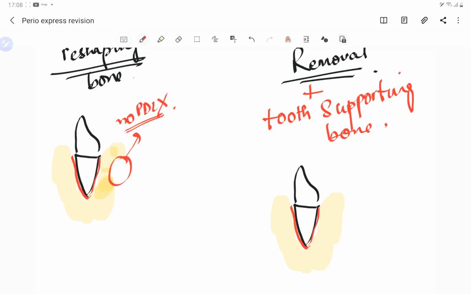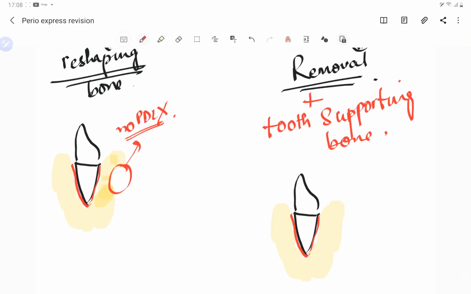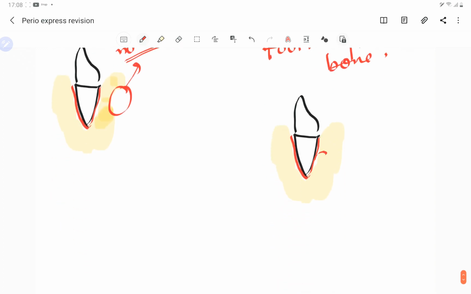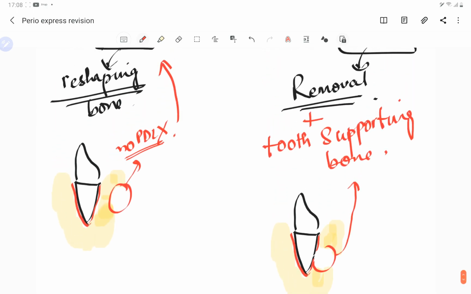So the bone which is away from the tooth, if you are removing it, if there is no removal of the tooth supporting bone, that means it is an osteoplasty. But if you are removing a bone like this, which is supporting, which is close to the PDL area, this particular situation makes it an osteectomy procedure.